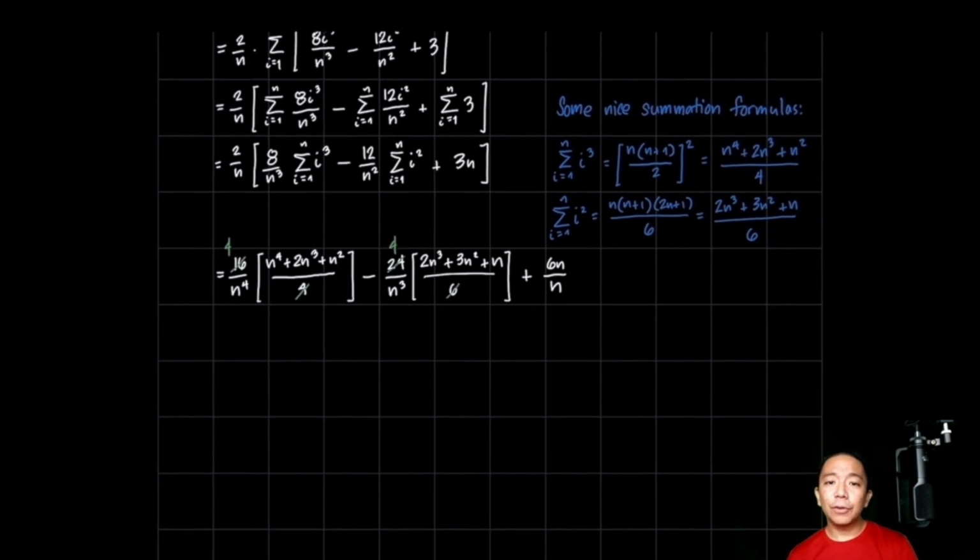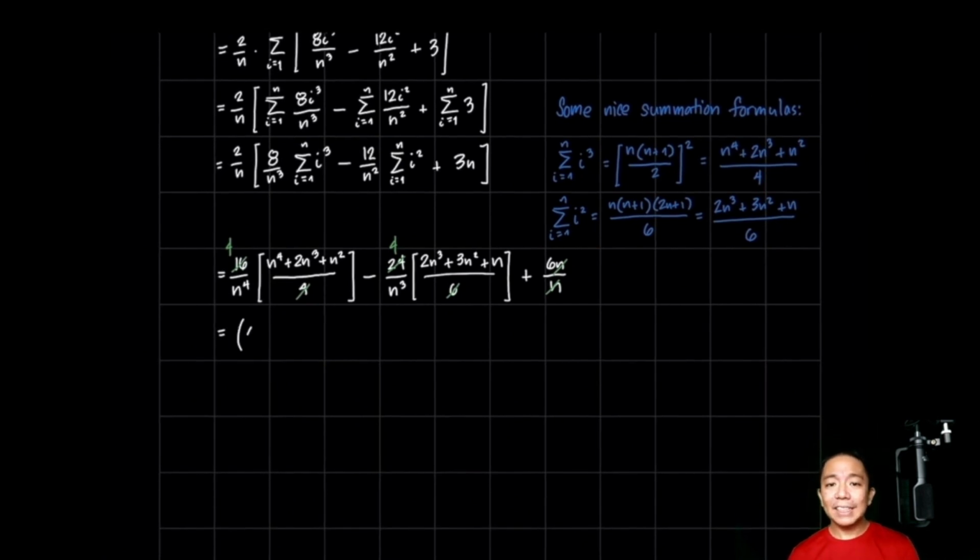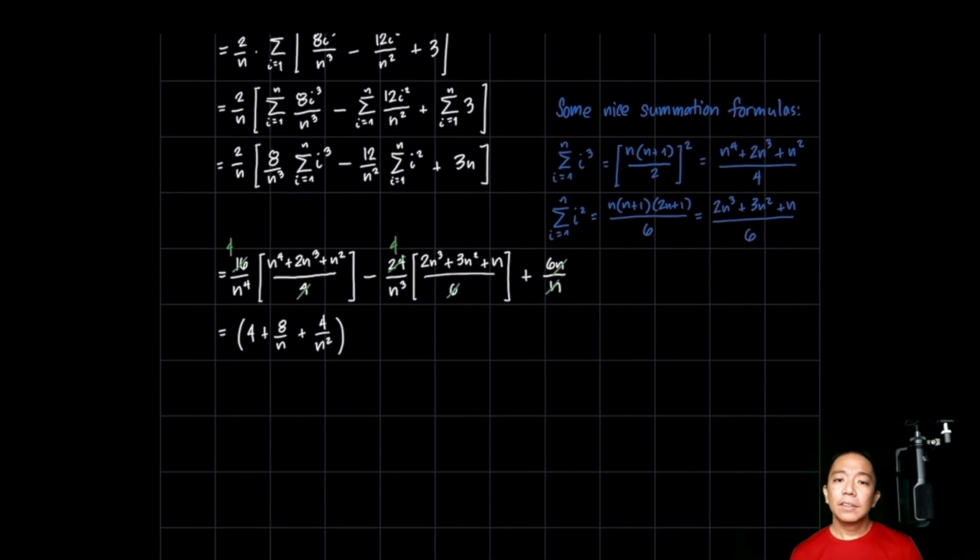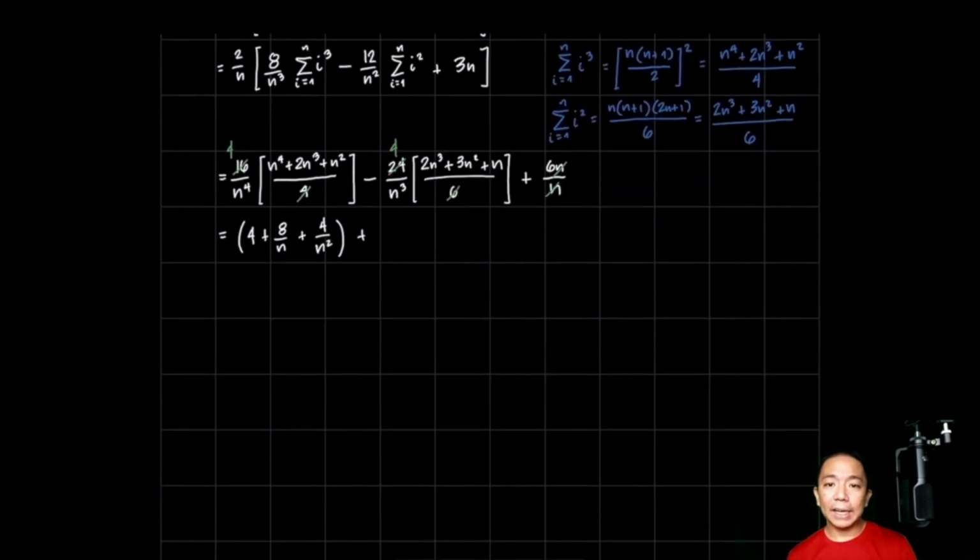So, 16 and 4 magka-cancel out, 24 and 6, tapos yung n over n. And what we'll get here is, pag dinistribute natin yung over n to the fourth power, yung first parenthesis natin will just be equal to 4 plus 8 over n plus 4 over n squared. Then, yung second parenthesis natin, isasama ko yung negative sa pag-distribute, para plus gagamitin ko.